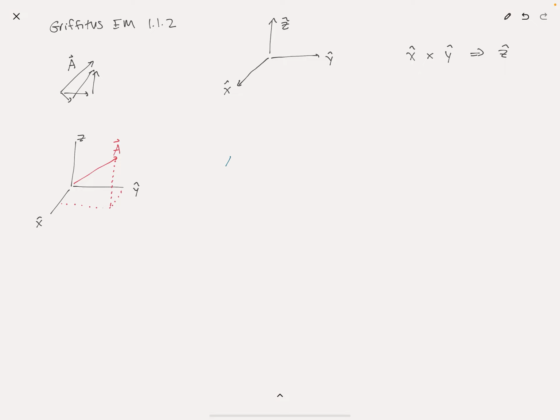So I can write my vector A as being AX, which is the amount that goes in the x hat direction, AY, which is the amount that goes in the y hat direction, and AZ, which is the amount that goes in the z hat direction. These are the different components.